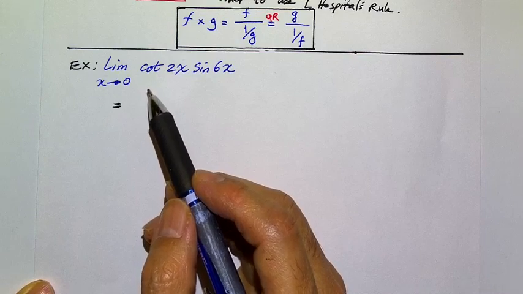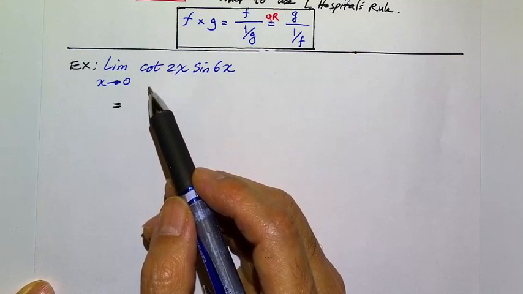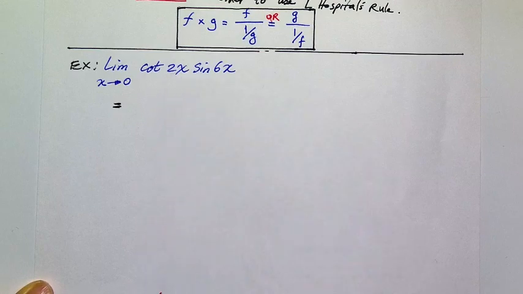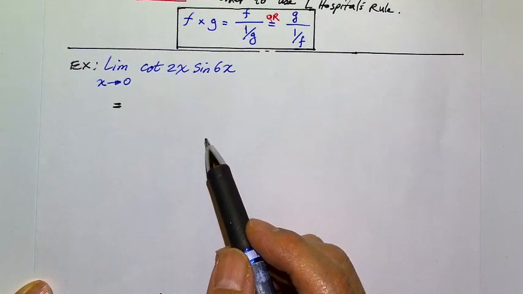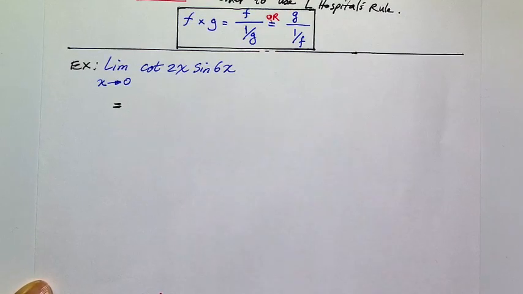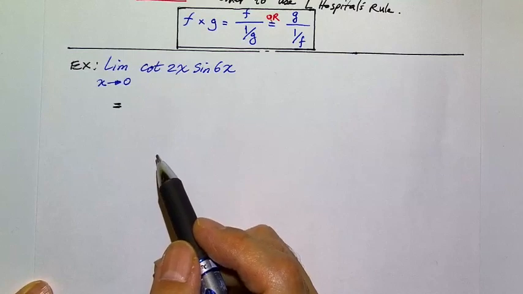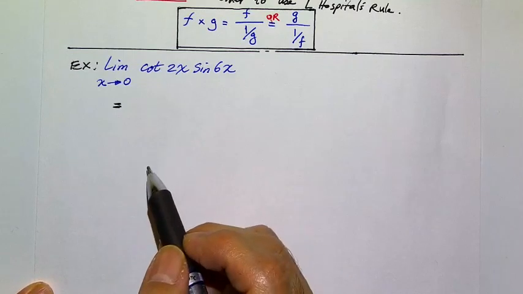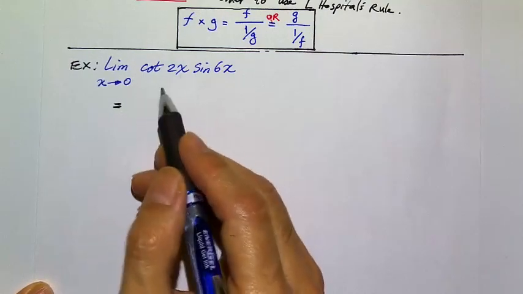If you have 1 over sine of x, it's better to write it as cosecant of x. So 1 over sine of x is equal to cosecant x, and 1 over cosine of x is equal to secant x, as you remember from Math 127 if you took trigonometry at UNLV. Okay, so I'm gonna do that here.